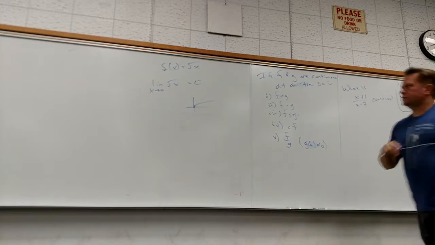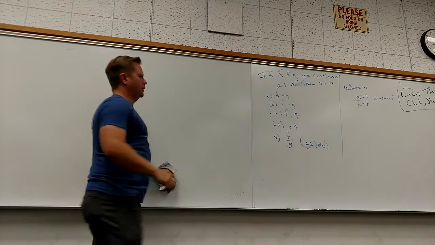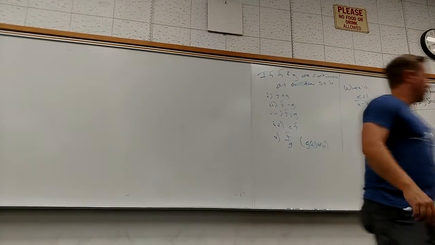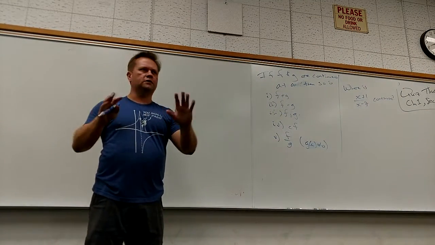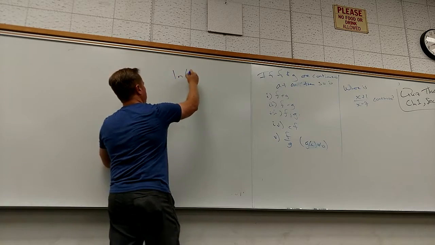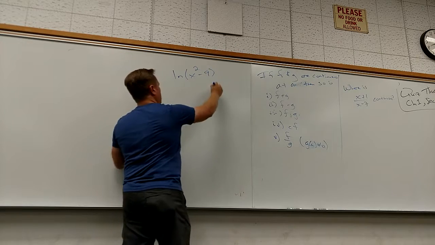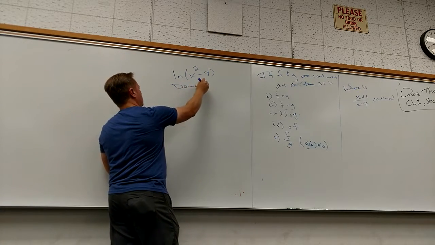Now just to go back, there was a problem in chapter 1 where the people who graded said, you're not showing me enough work, the answer sort of magically shows up. This is a bad habit to get into. Don't do that. But there was something that looked sort of like this, I think. I think I have a problem like that in it. And you had to find its domain.